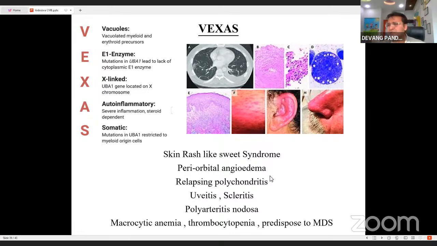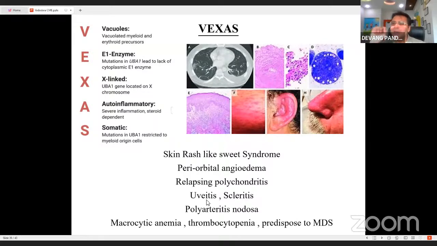And what is the commonest presentation? Skin rash, like we see in Sweet syndrome, periorbital angioedema, relapsing polychondritis, like we can see here in the ears, kind of redness, severely painful and tender lesions, redness of eyes because of uveitis and scleritis, and a polyarteritis nodosa kind of picture with livedoid rash, systemic vasculitis, even lung involvement.